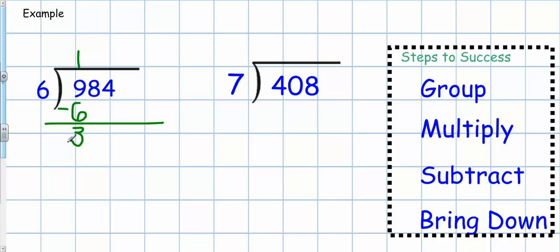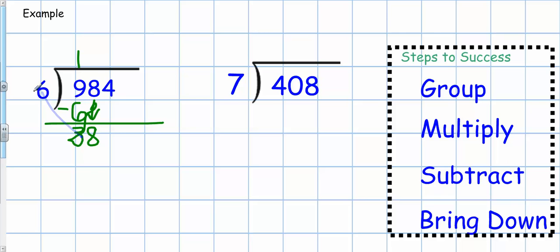Next I have to bring down my 8. I'm going to make an arrow, and I'm bringing down my 8. Now I'm going to see how many groups of 6s can go into 38.